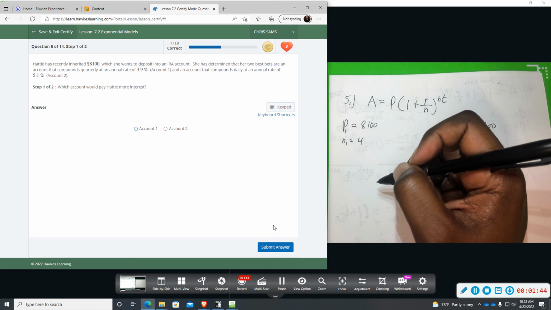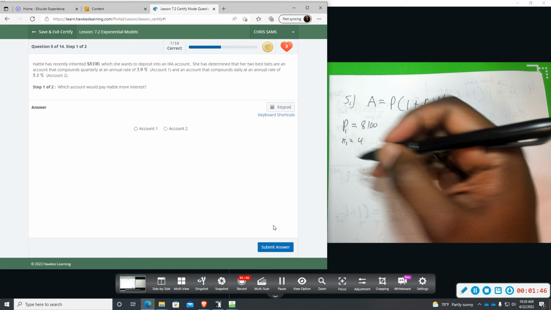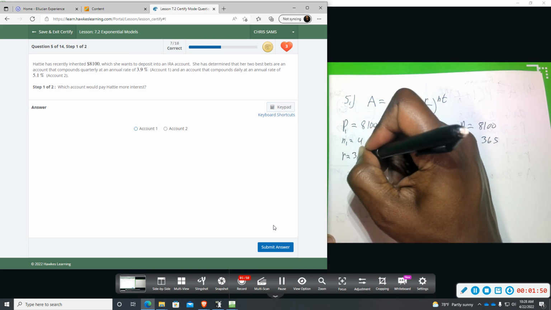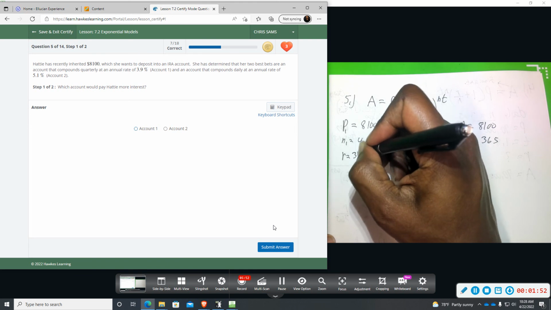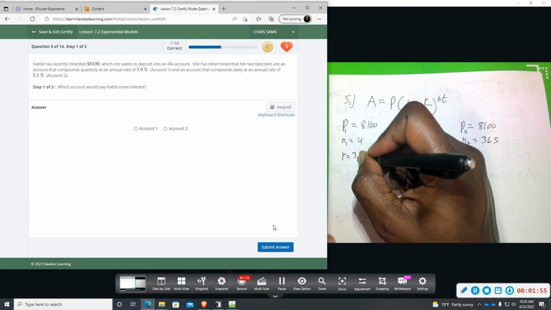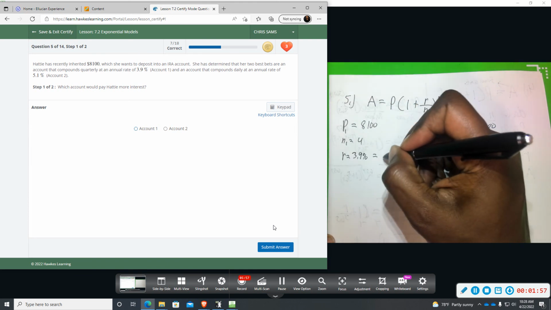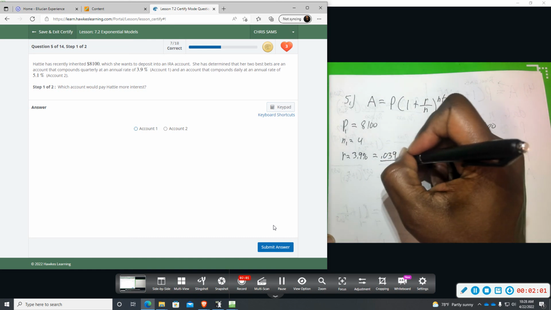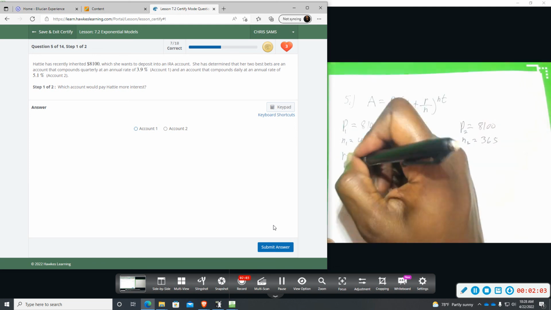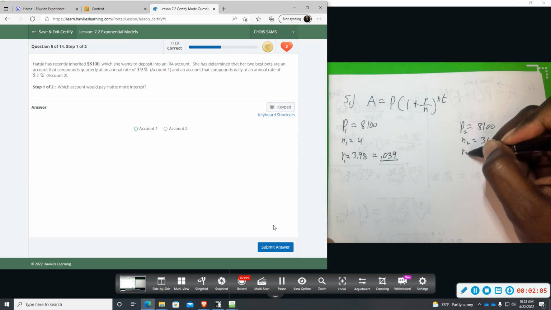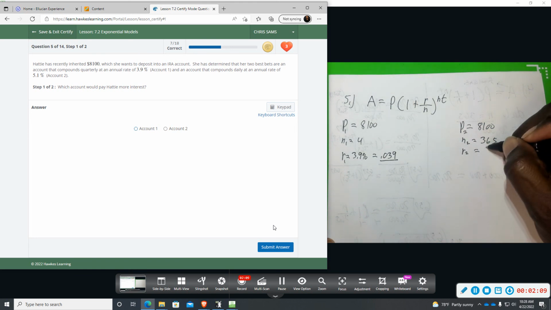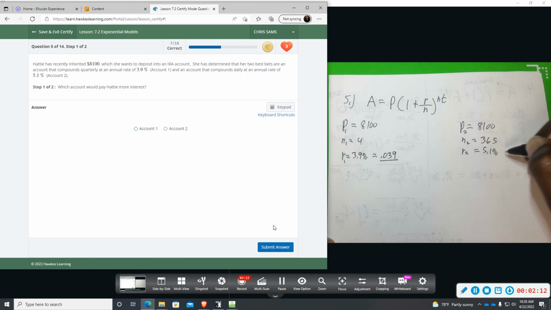Interest rate: 3.9%, but you have to convert that to a decimal, moving the decimal over twice to the left, so R1 is equal to 0.039. This is the number you're going to use. Rate 2 is 5.1%, which converted to a decimal gives you 0.051.